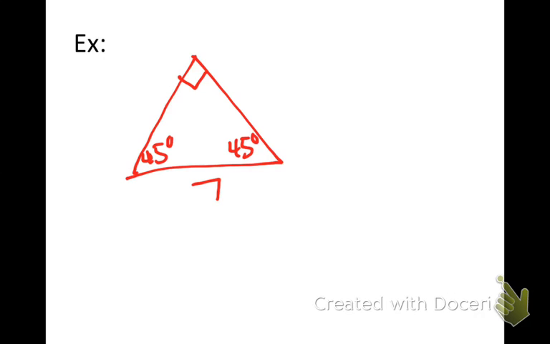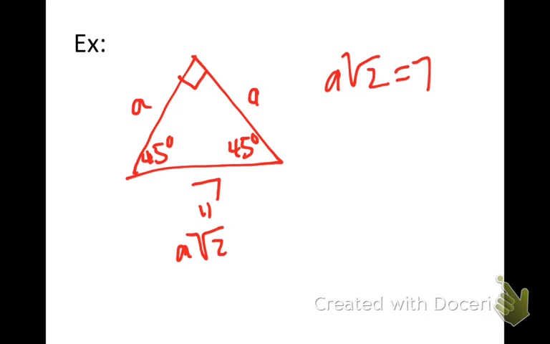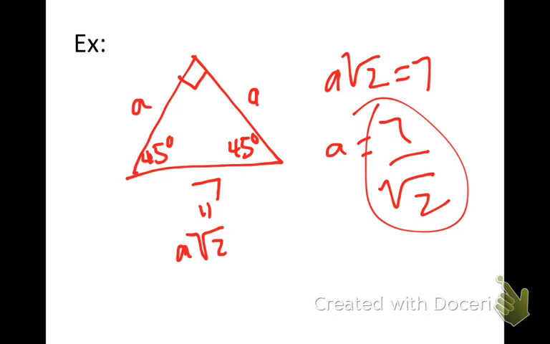I would label the sides S, and well, I said to use A. We should use A. So we'll say the sides are A, and then the side across from the hypotenuse is A radical 2. Right? So I come over here, I say A radical 2 equals 7. So A equals 7 divided by radical 2.